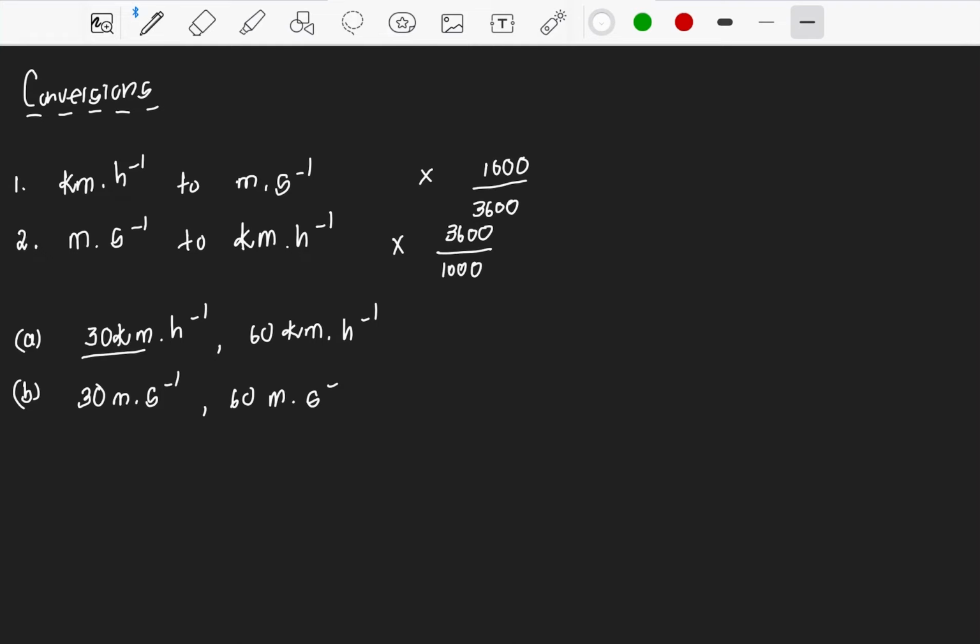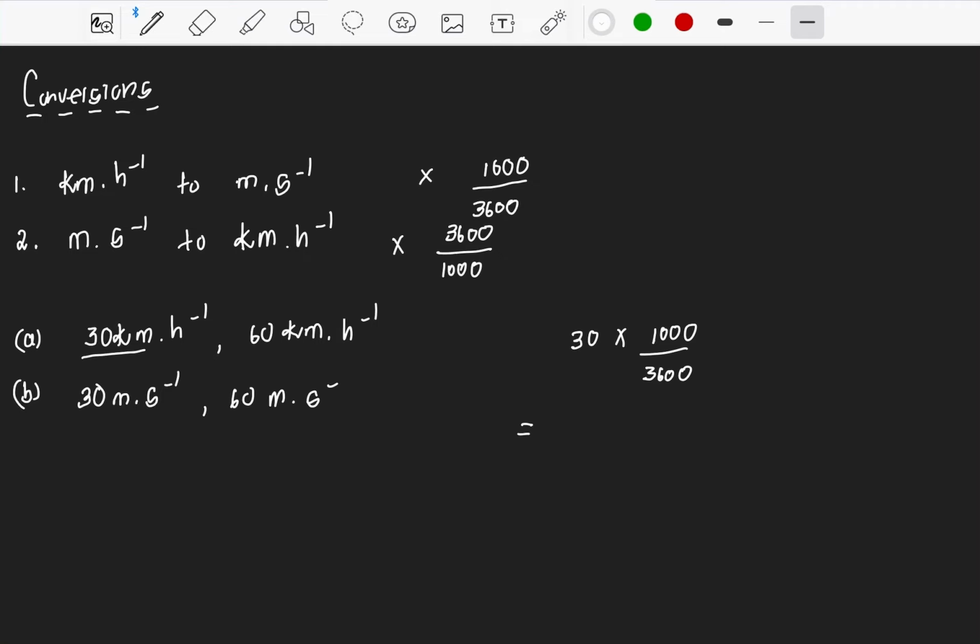So for example, let's say that you are given 30 kilometers per hour. So 30 kilometers per hour is going to be 30 multiplied by, which one is it? We are going to multiply it by 1,000 and divide it by 3,600 because we want to convert it into velocity.